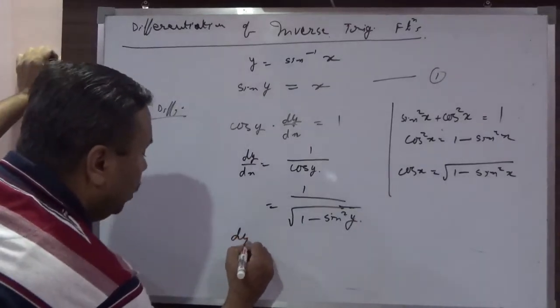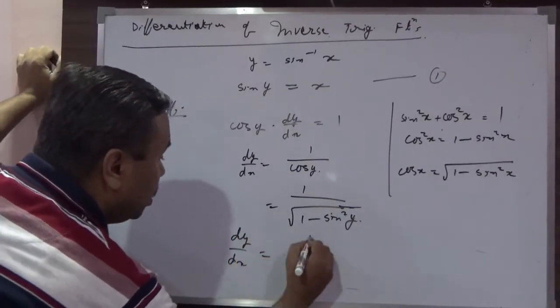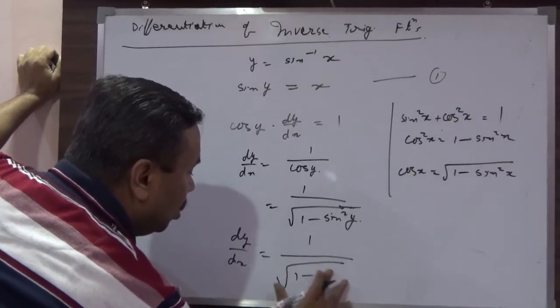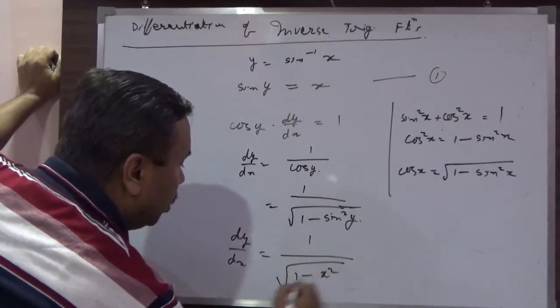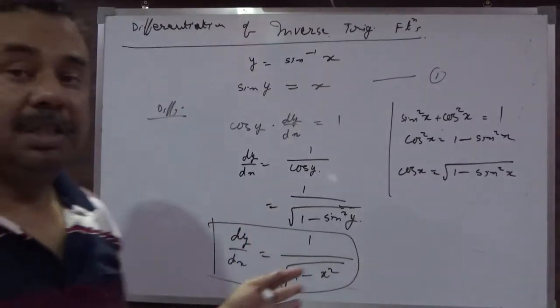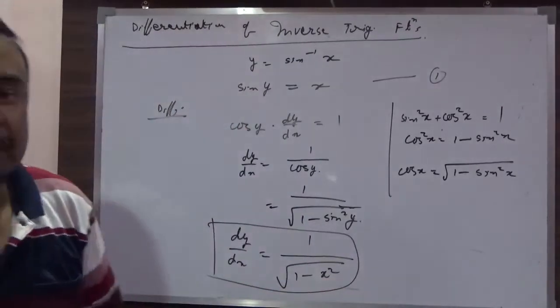So my dy by dx is equal to 1 by square root of 1 minus x square. But there is again a condition.